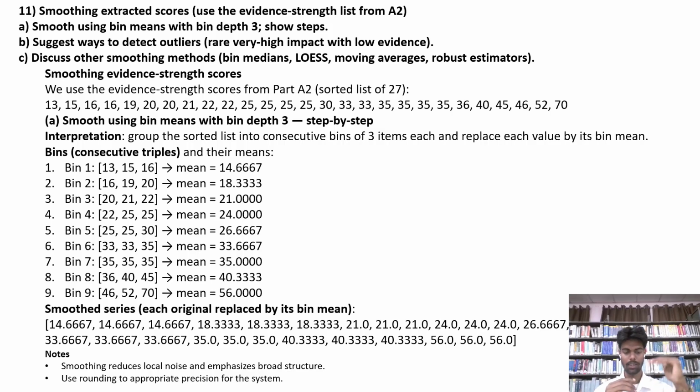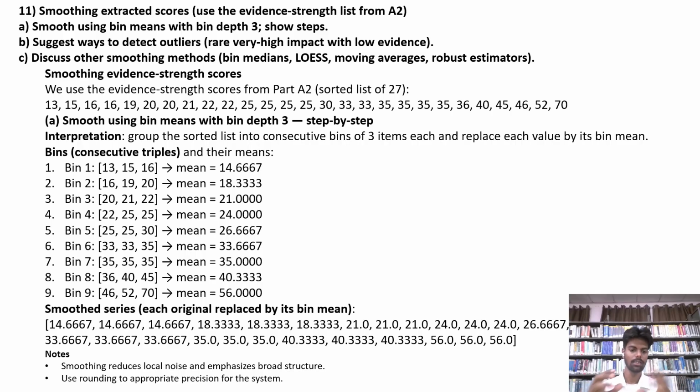We compute 9 bins, 1 through 9, and the mean value of each bin respectively is 14.67, 18.33, 21.0, 24.0, 26.67, 33.67, 35, 40.33, and 56.